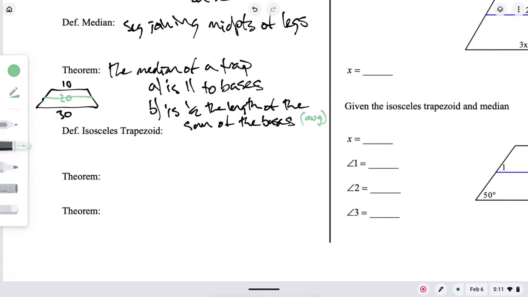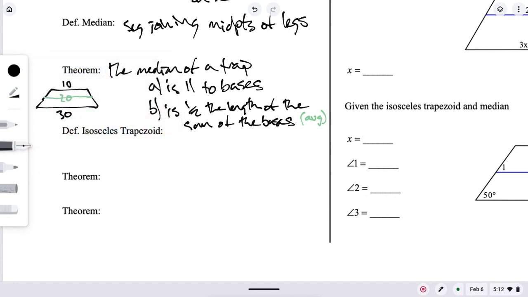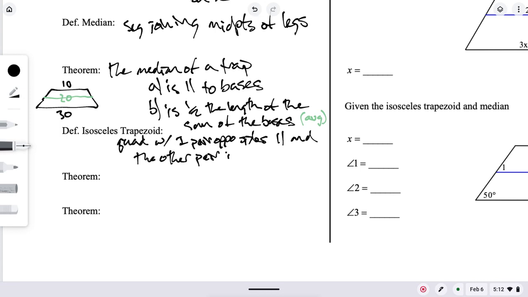Otherwise, we do have isosceles trapezoids that have their own special things. So we're going to define that here. That's a quad. Sorry, I need a Q, not a G there. With one pair of opposite sides parallel, and the other pair is congruent.